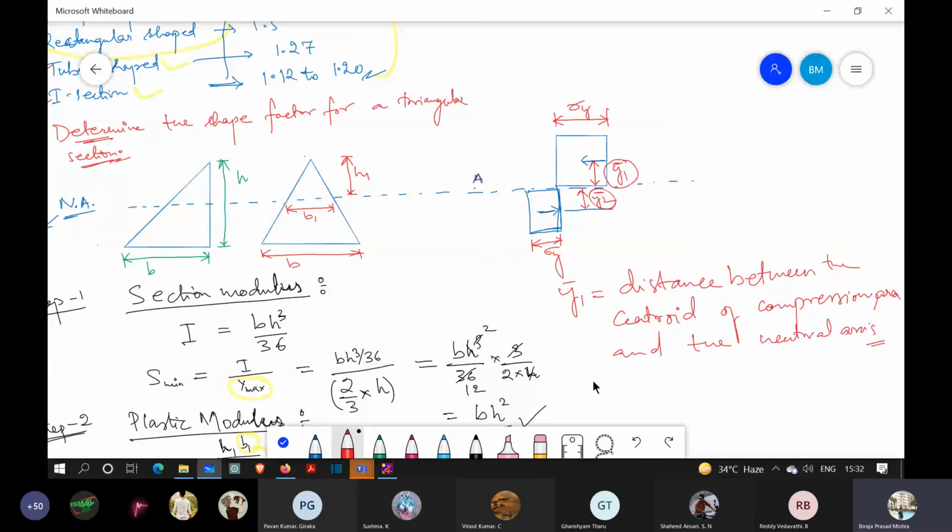Okay, so this y1 value will be, so this implies y1 equals to h1 by 3. So what is the value of h1? So h1 is h by root 2.